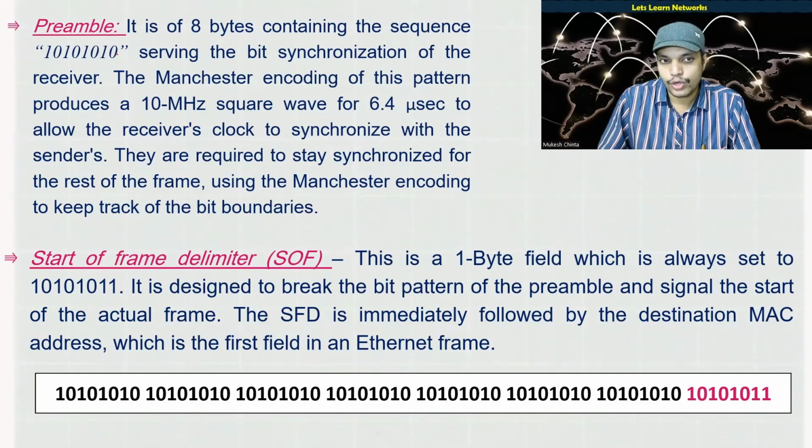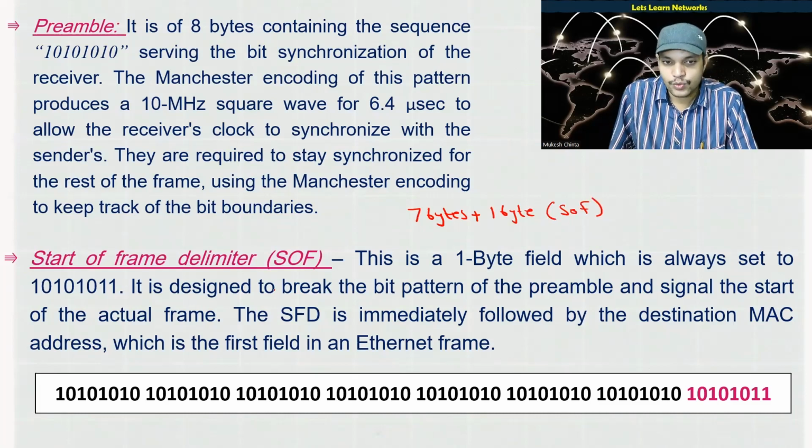Now, as I told you, in the DIX standard, the preamble is of 8 bytes. But for the IEEE 802.3 standard, the preamble is of 7 bytes plus 1 byte, which is called the SOF byte.